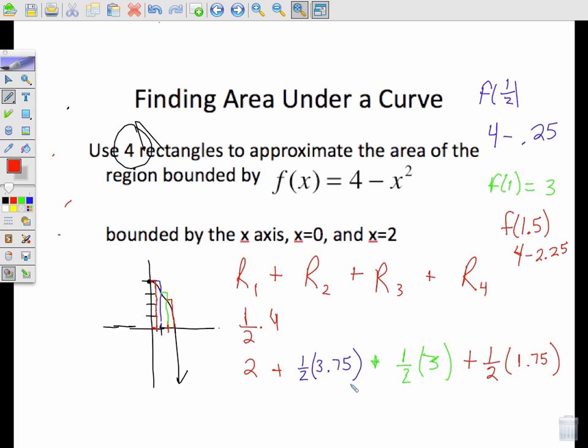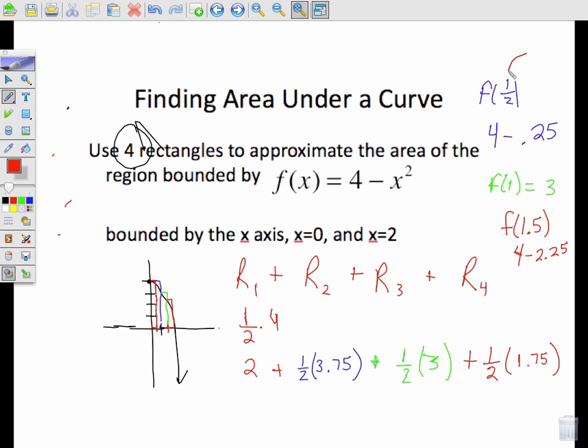All right, so there you have it. These are each of the rectangles. Your rectangle should always start slightly above. So in each interval you evaluate the next point. My first rectangle goes over to 1/2. The next rectangle has the height at x equals 1/2. The following rectangle has a height at x equals 1, and so on.